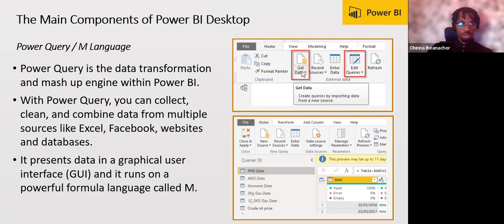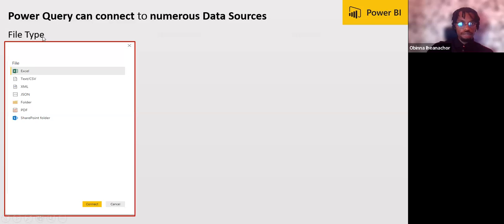Power Query can connect to numerous data sources, and every month you have updates to Power BI and support for additional data sources. As the days go by, you have more data sources that are being supported by Power Query. An example are file tabs.